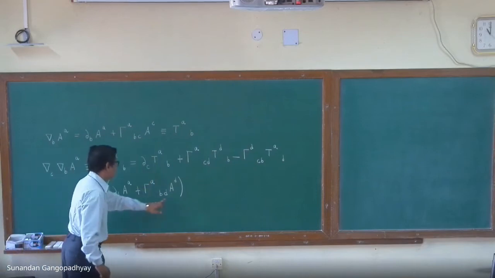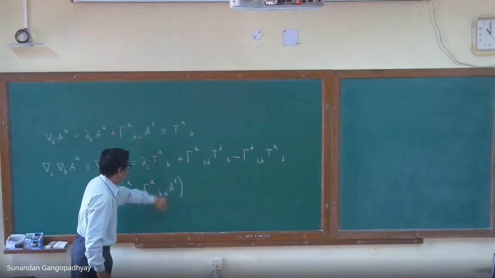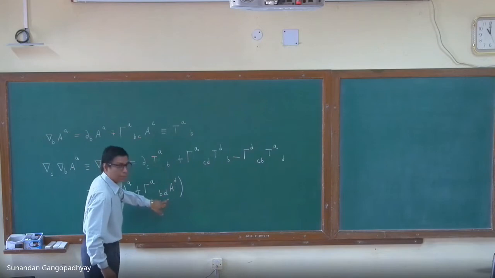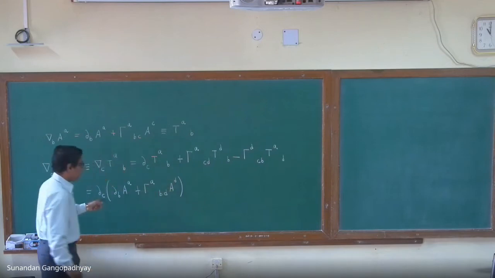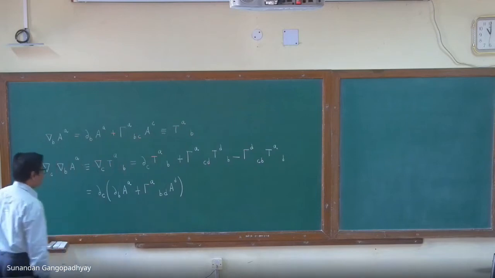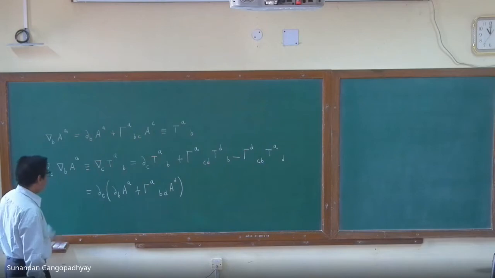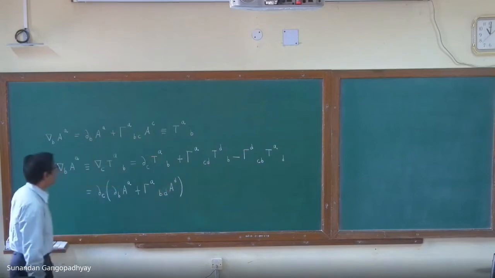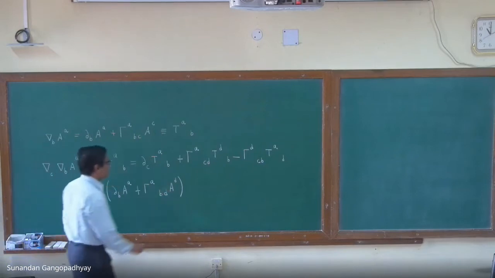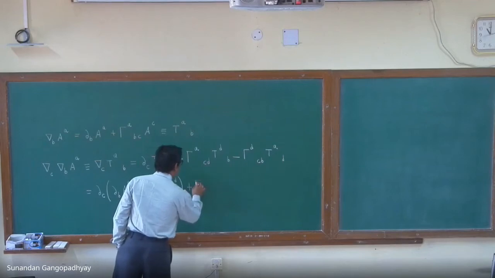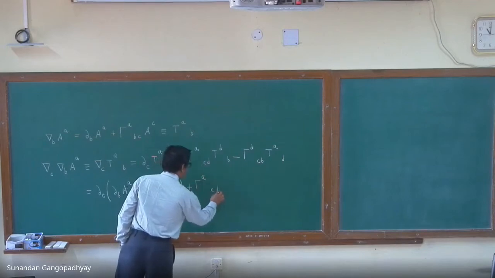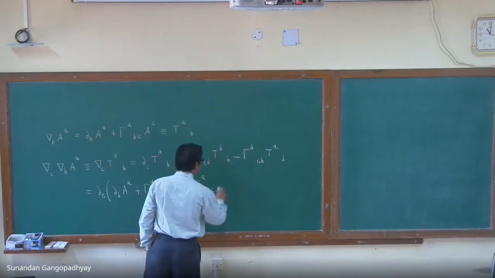We have replaced C here. C was the wrong index. We have replaced it by D because there is already a C sitting over there. There cannot be three C indices. Now this is gamma A, CD, EDB.